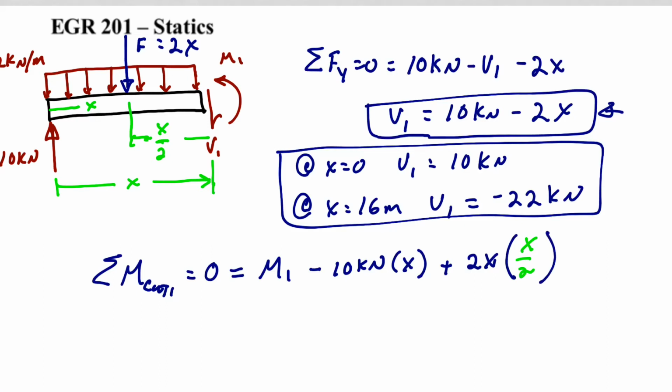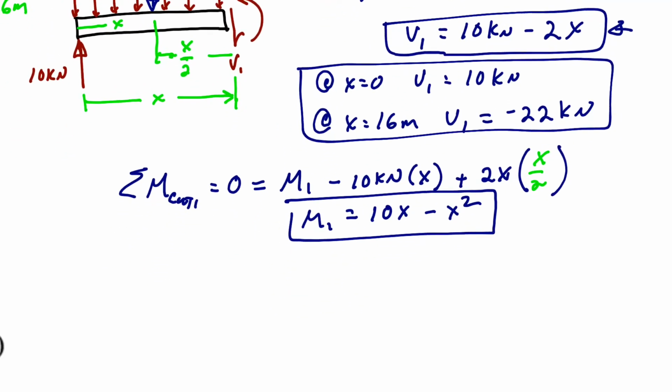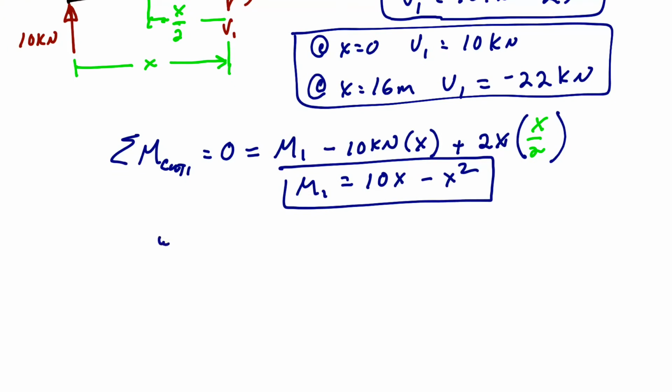Okay, and now we can solve for M1, and we get 10x minus x squared. So some parabolic function, between 0 and 16 meters. So now if we analyze this at x equal to 0, our moment at M1 equals 0.